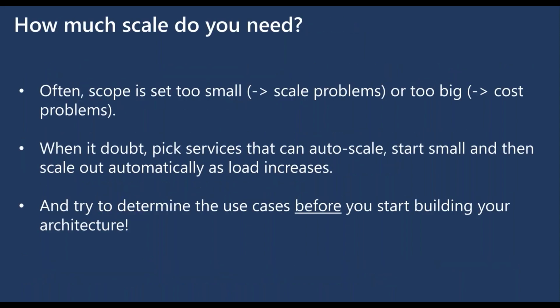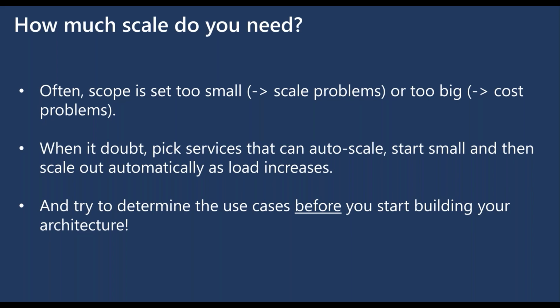So then the next one is, how much scale do you actually need? A lot of the times this is easier done in a small project where scale doesn't make that big of a difference. But as you go into production with a project, it tends to be difficult to scale it out if you haven't thought about what services you're going to use for that scale out from the start.